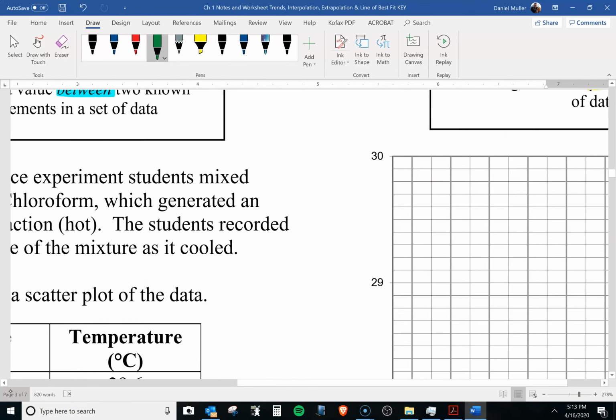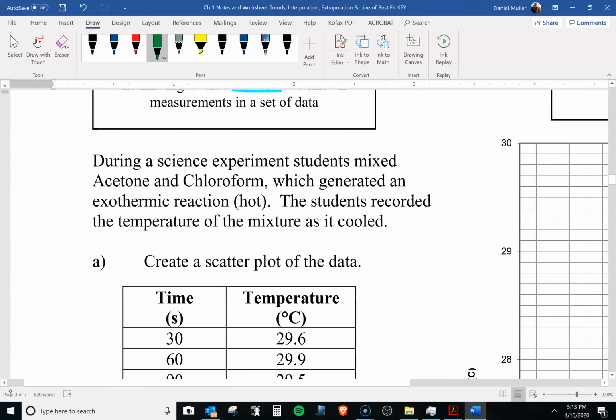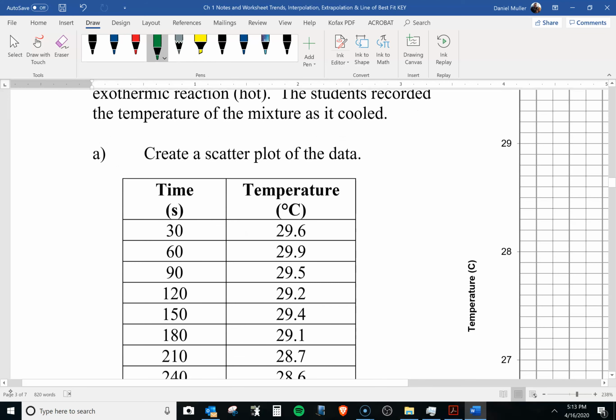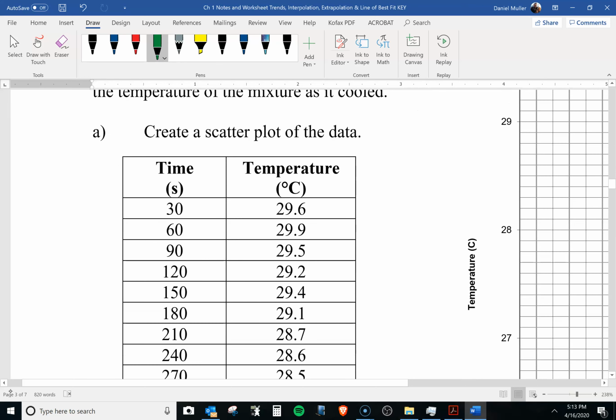Okay, let's take a look at the first one. During a science experiment, students mixed acetone and chloroform, which generated an exothermic reaction. Well, I don't know what any of this means. The students recorded the temperature of the mixture as it cooled. So it was hot, and then it cooled. And it wants us to create a scatter plot. So at 30 seconds, it was 29.6 degrees.